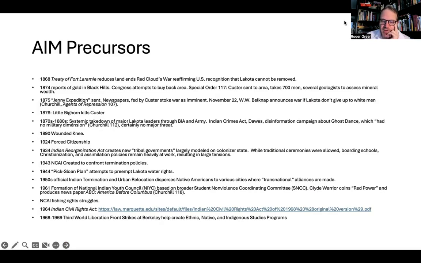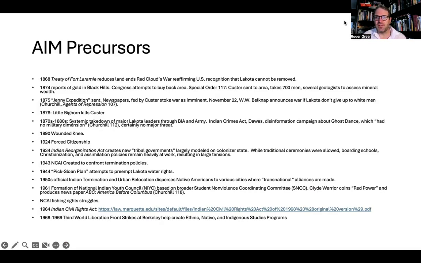So when we think about these famous chiefs like Red Cloud or Crazy Horse, for somebody who's Native in the American Indian Movement, they are looking back to those earlier figures like Red Cloud here, right? In 1874, the reports of gold show up in the Black Hills. Congress then attempts to buy the land area back, even though they've just treated with the natives.